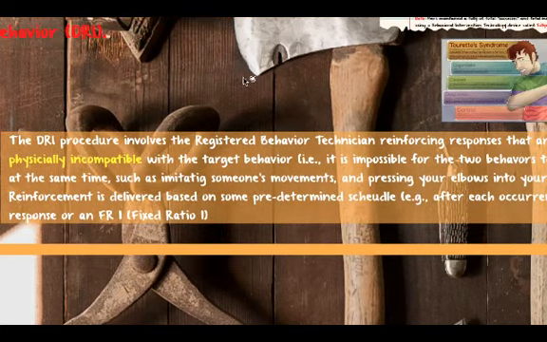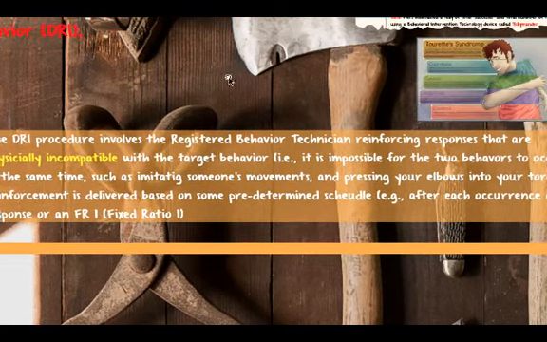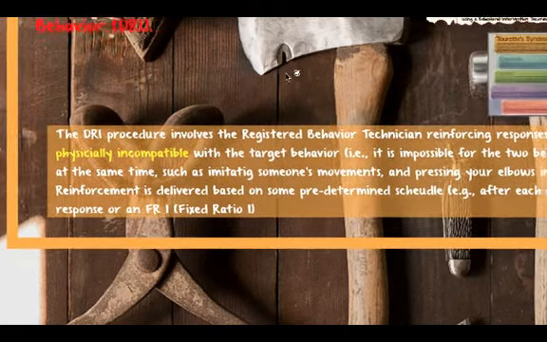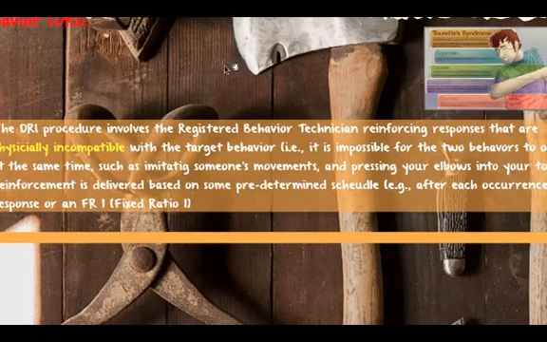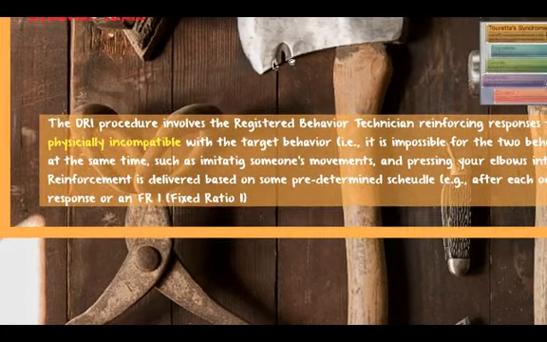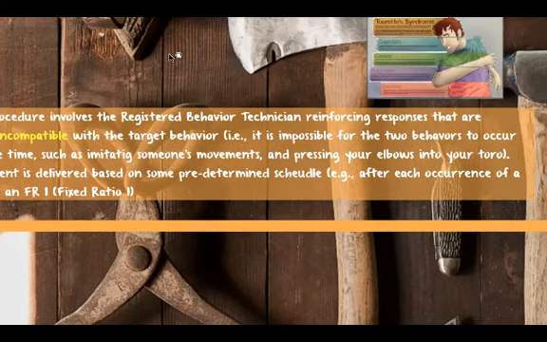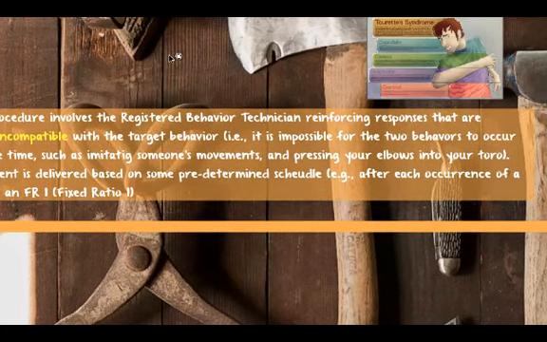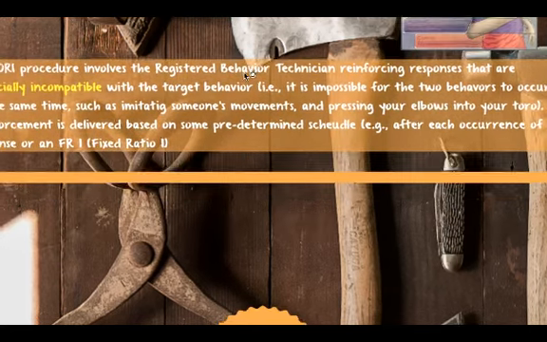And the DRI procedure involves the registered behavior technician, this is you, reinforcing responses that are physically incompatible with the target response. Specifically, it's impossible for the two behaviors to occur together. They can't occur at the same time, such as imitating someone's gesture and pressing your elbows against your torso. And I'm going to give you the reason why I use that as an example in a moment.